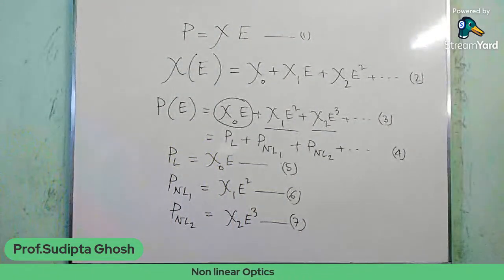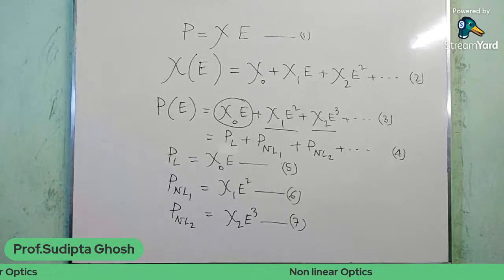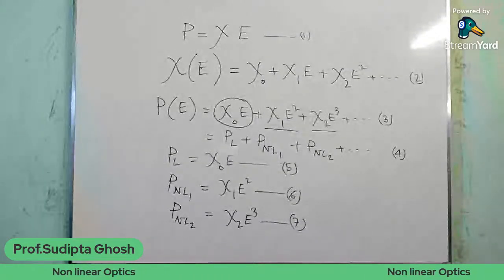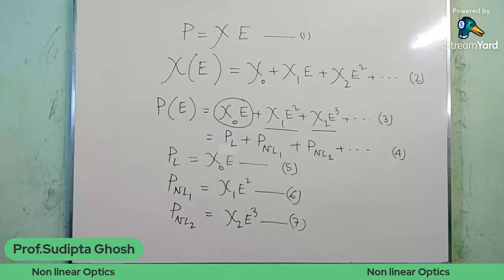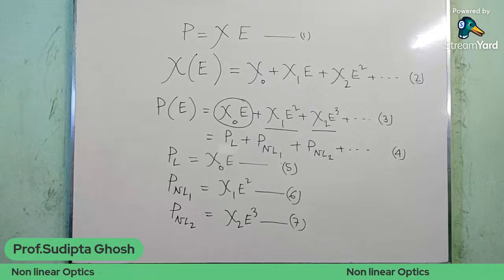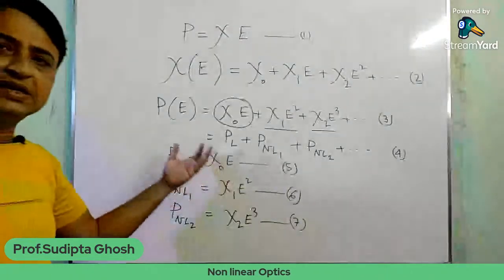Fine. So now what happens when a high power laser interacts with an optical dielectric material? We are considering a highly powerful laser which is going to interact with an optical dielectric material, and we can talk about three effects which can be observed after this interaction, and these are firstly the linear effect.